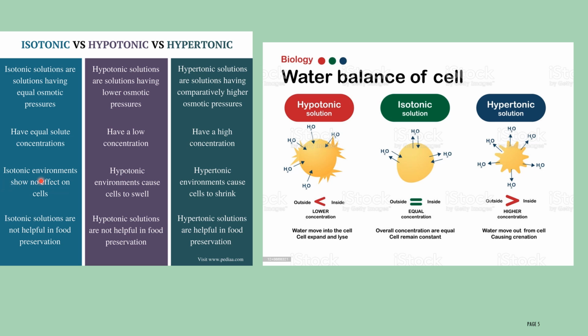Then isotonic: in the case of an isotonic solution, an isotonic environment shows no effect on the cell. The concentration inside the cell and the concentration outside the cell are equal. You can observe only circulation of water taking place. There is no change in the size of the cell.